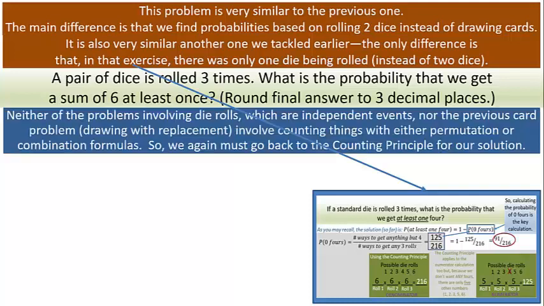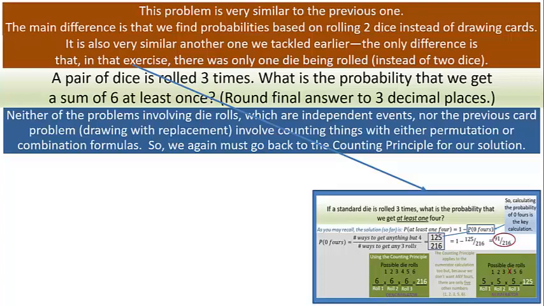The point being, neither of the problems involving die rolls, either this one with 2 dice or the other one involving 1 die, which are independent events, rolling a pair of dice once and rolling them again, those events are completely independent of each other. The probabilities don't change because of a previous roll. Nor the previous card problem where we drew with replacement.